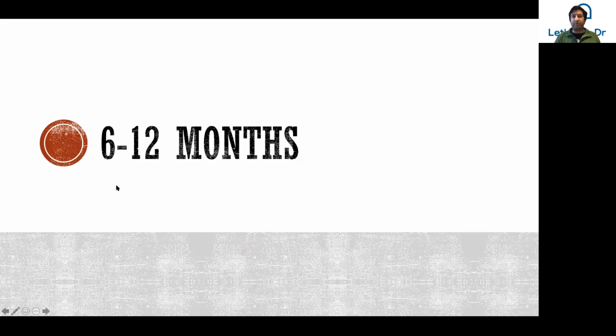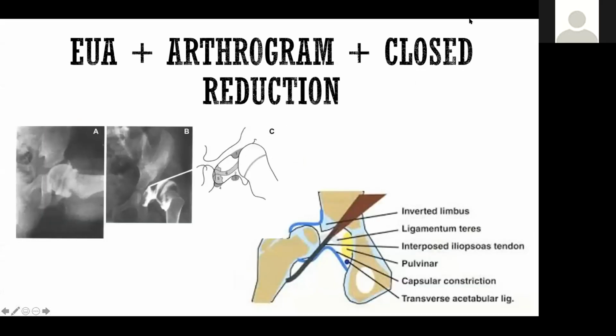So we now move on to the 6 months. I should say 6 months rather than 6 to 12. At 6 months, you'll assess them with an X-ray. You do an EUA, an arthrogram, and a closed reduction. You can also add an adductor tenotomy at the same time. Essentially what you're doing with the arthrogram is assessing the medial pooling of dye.